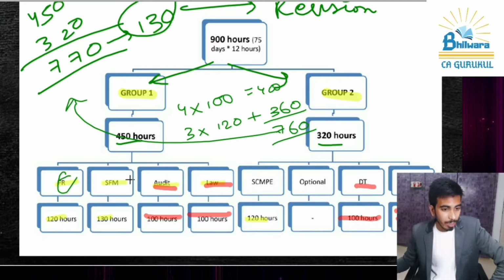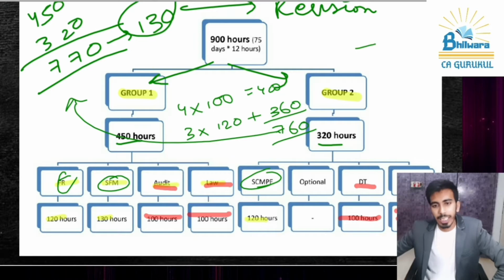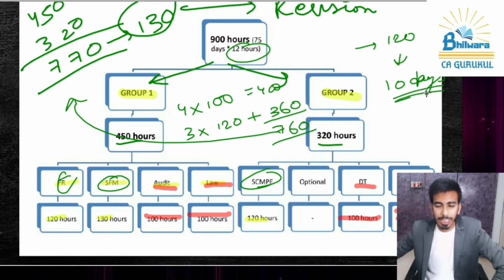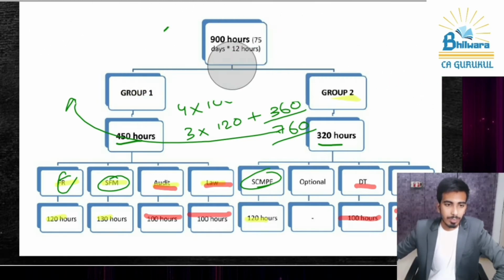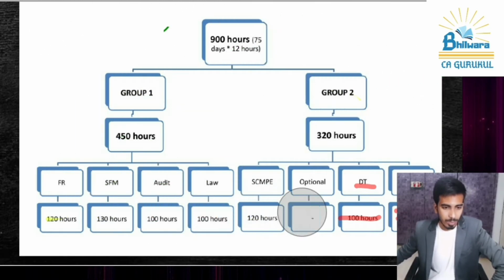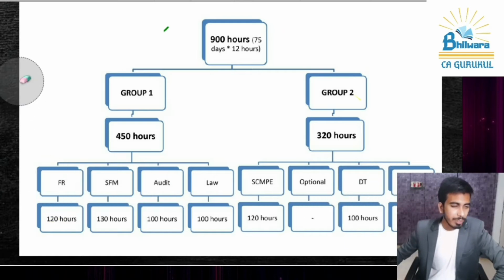So this is tallying. This is our calculation basically for each subject. We have to complete FR, SCMP and SFM in 120 hours. 120 hours is ideally 10 days, if you have considered 12 hours standard efficiency. So we don't have to study 10 days all at once. We have to bifurcate it. How do we bifurcate it?